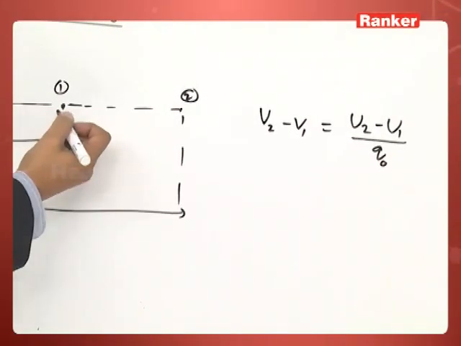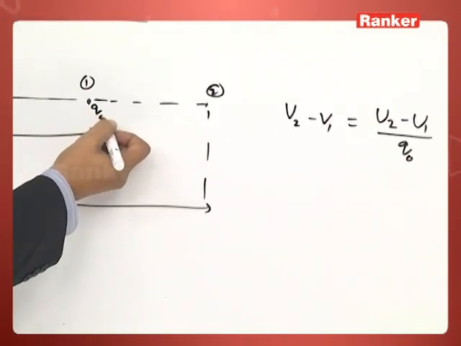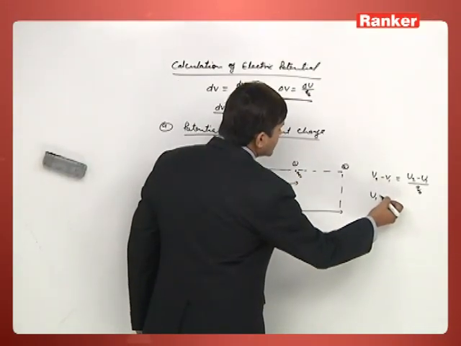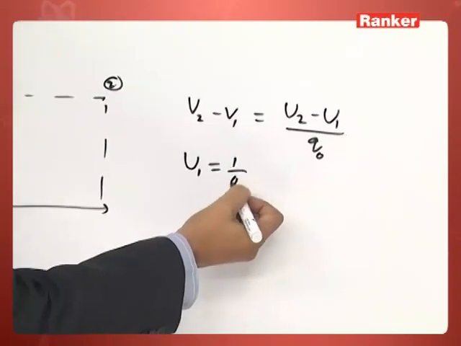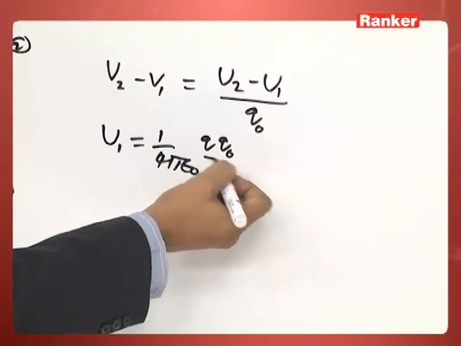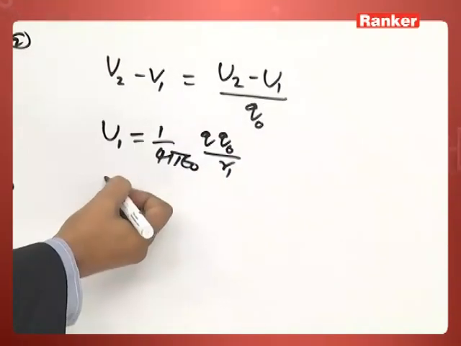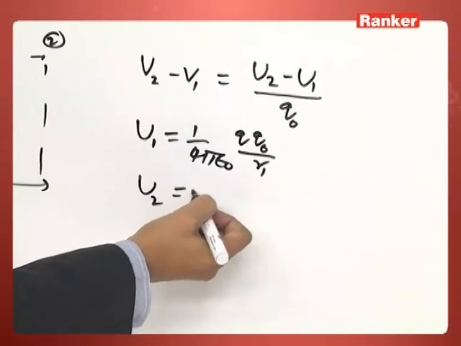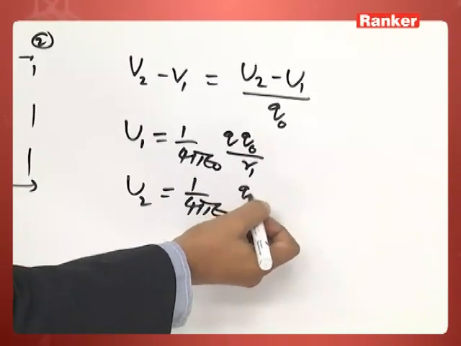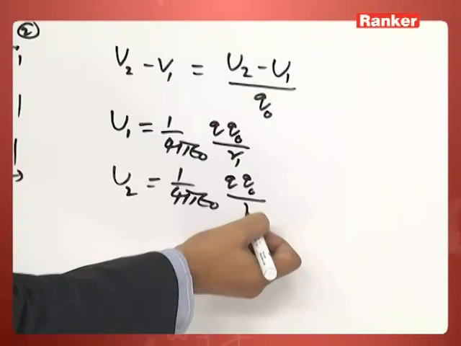So if I am putting the test charge Q naught, then the potential energy at 1, U1, is written as 1 by 4 pi epsilon naught Q naught Q by R1, and potential energy at point 2 is 1 by 4 pi epsilon naught Q naught Q by R2.